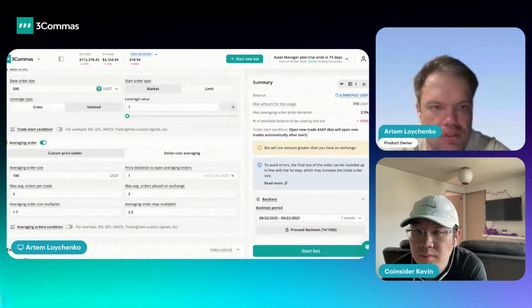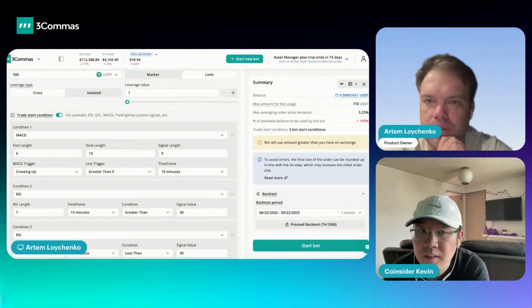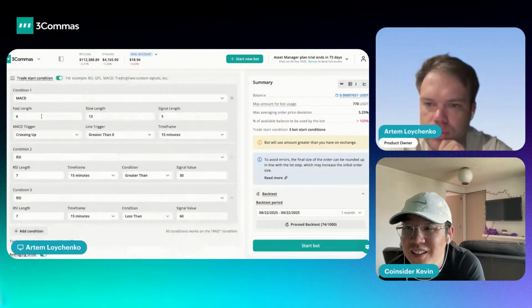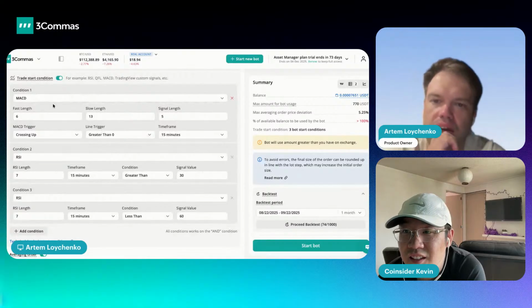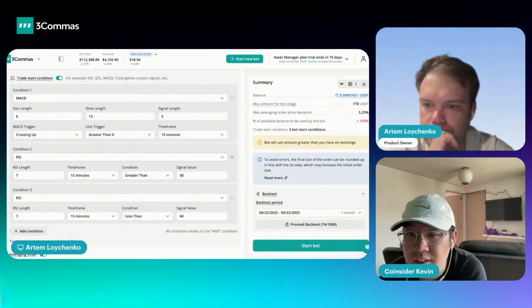Now I don't see it. Probably I just confused the namings when I did it the first time. Sorry guys, this was under another name. So here is the configuration that we did. Okay, it is just MACD and RSI, just simple as that.